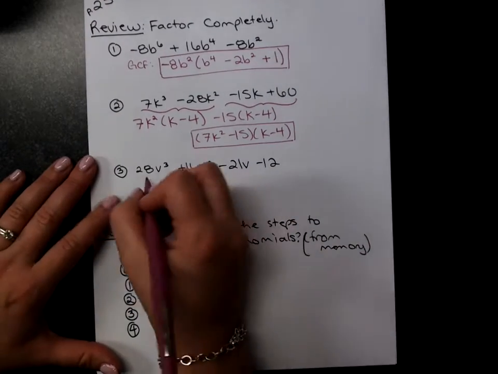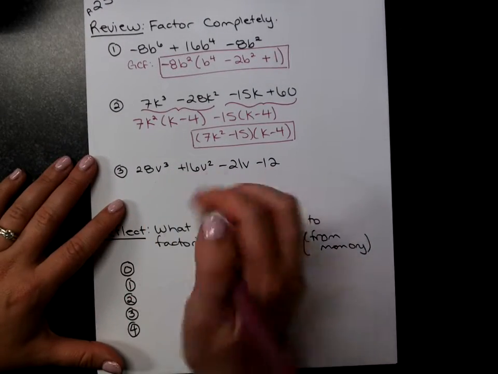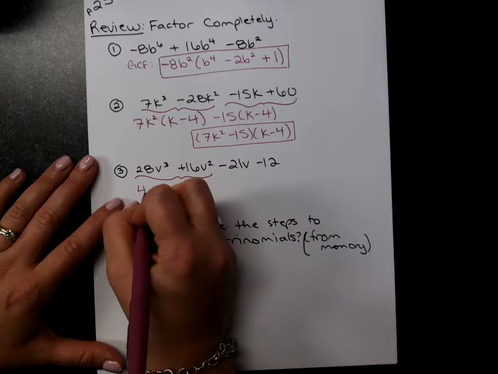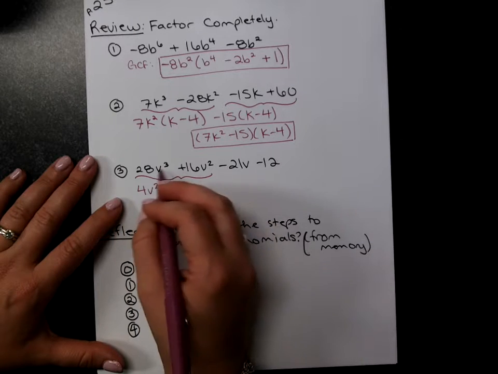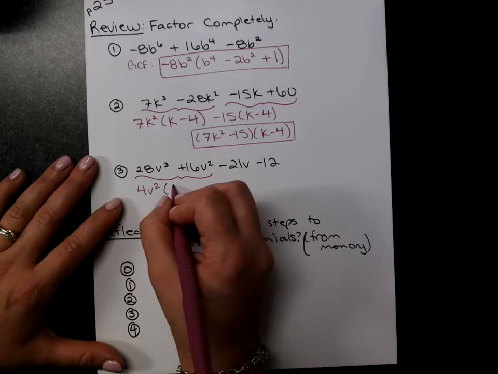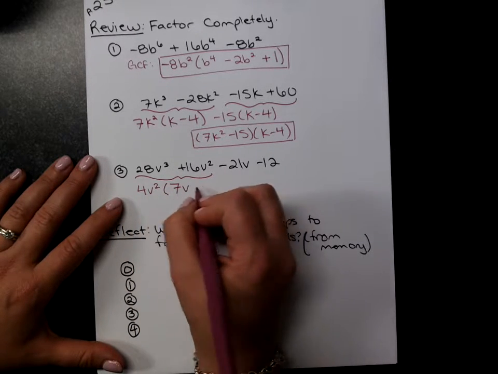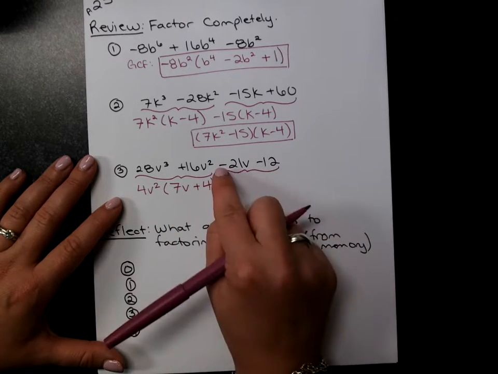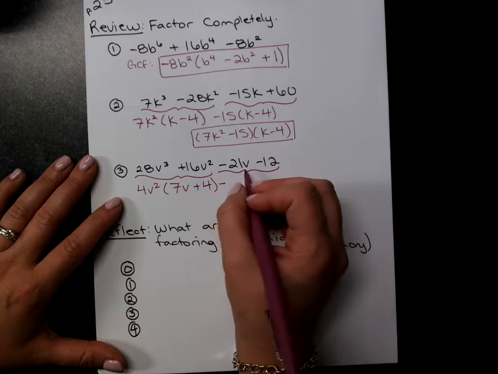And finally, number 3, it's 1, 2, 3, 4, so we're going to group. Between 28 and 16, there's a 4 in common, and then there's a v squared in common. That leaves 7v plus 4. Between the second 2 terms, again, that third one's negative, so we're going to take out a negative.